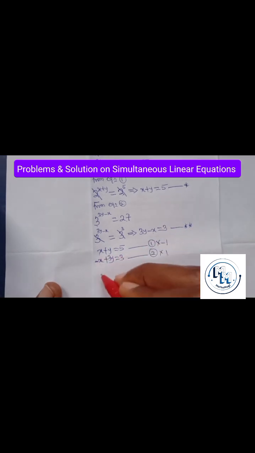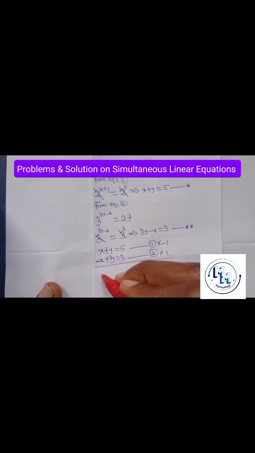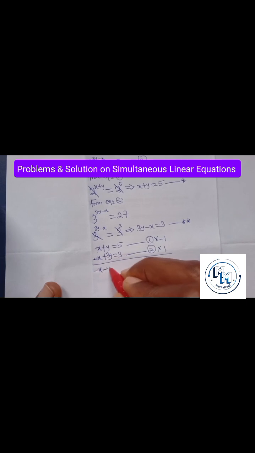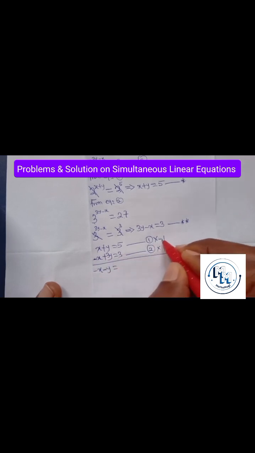This times this is minus x. I have minus x. Minus 1 times y is minus y. Minus 1 times 5 is minus 5. Let me call this equation 3. Now 1 times minus x is minus x, plus 1 times 3y is 3y. 1 times 3 is 3.